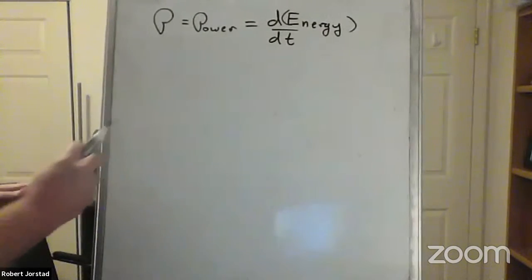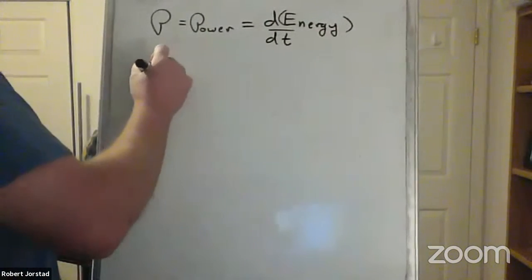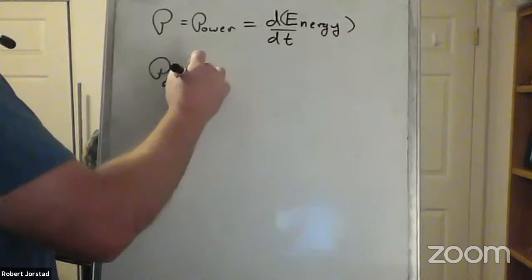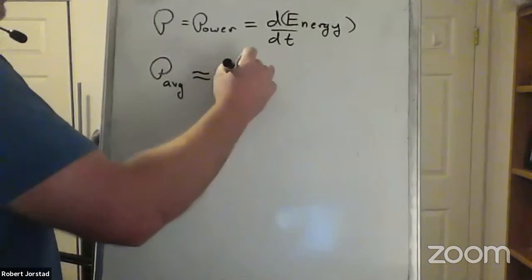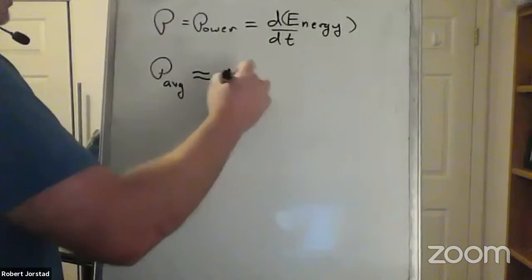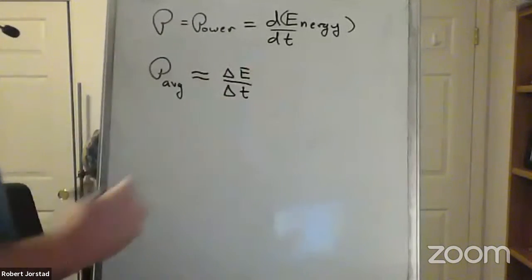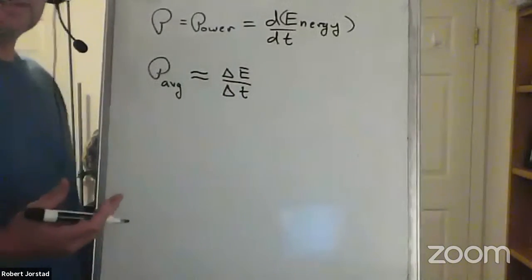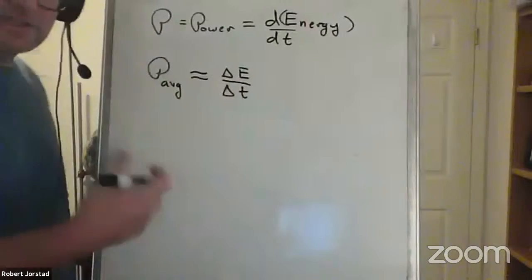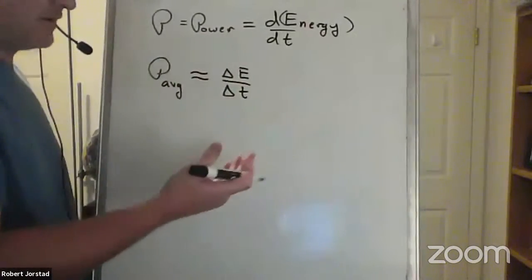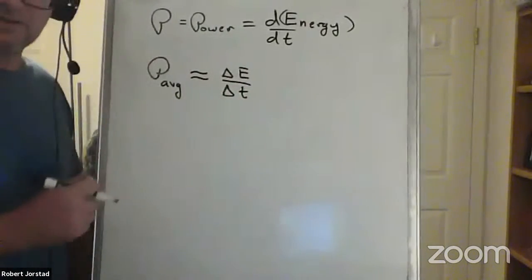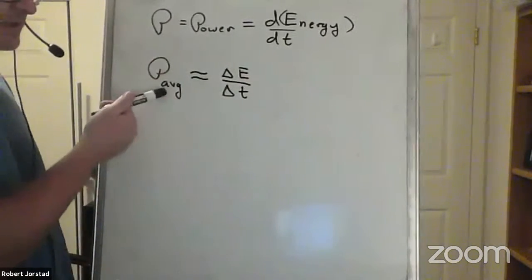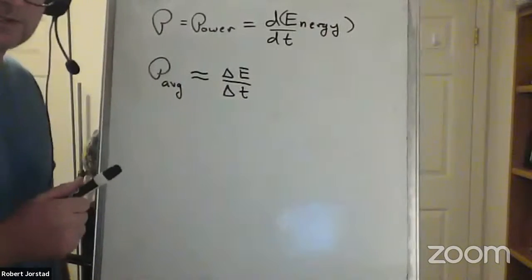And so in this case, we could say that power average is equal to delta E over delta time. Now in practice, it would be ideal if we know the energy is a function and you could take a derivative of it, but sometimes we can only get this approximate value. And even if you slice up a problem into tiny time steps, you're still usually using this average power result.